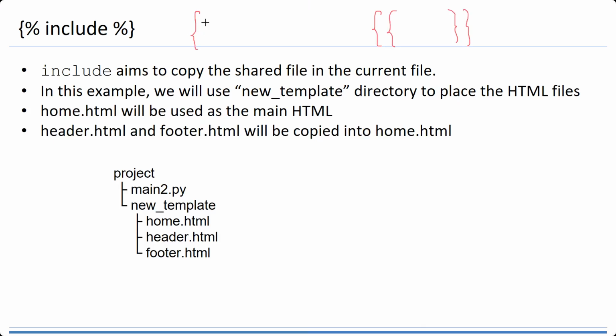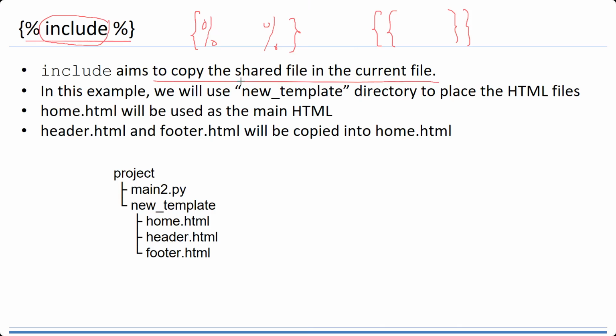We need to use curly braces with percent to call a statement, to call the control flow, like if, for, and now we have include. We need to use include in our statement if we want to copy the shared file in the current file.